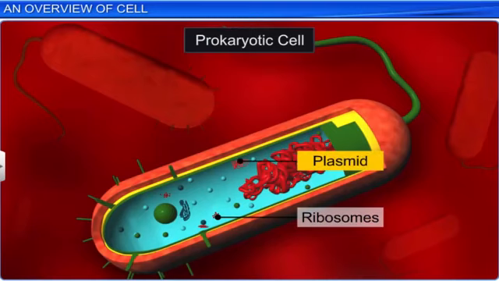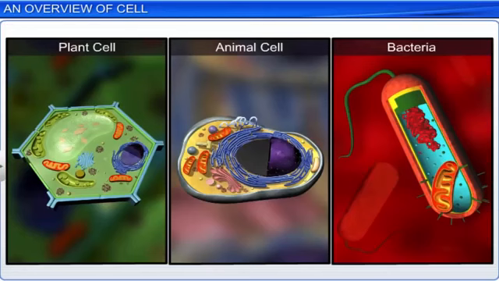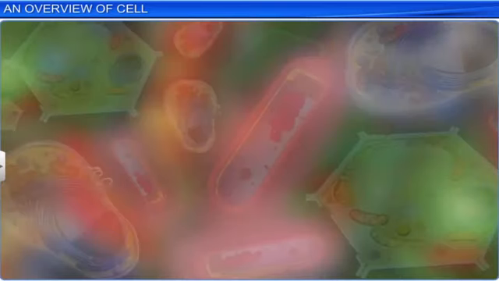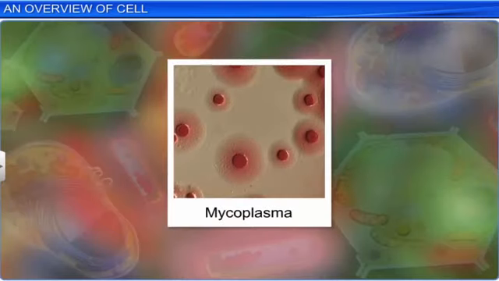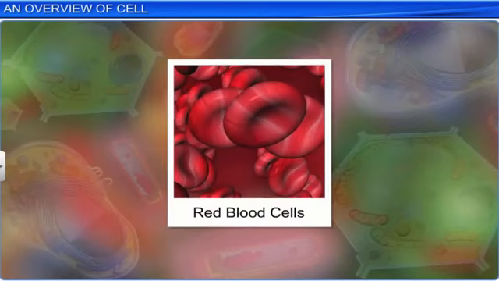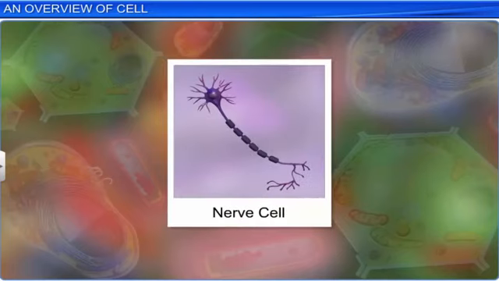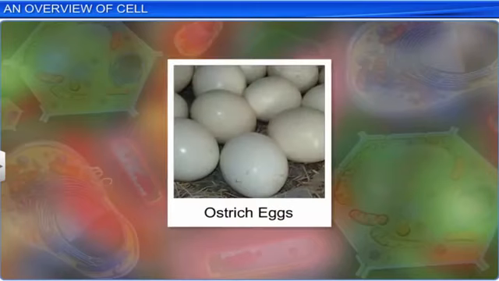Cells usually differ in size and shape. For instance, mycoplasma measure only 0.3 microns in length, whereas human red blood cells are about 7 microns in diameter and nerve cells measure around 4 to 100 microns. Amazingly, the ostrich egg is the largest isolated single cell, and it measures 17 to 19 centimeters in length and 14 to 15 centimeters in width.